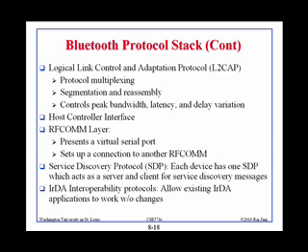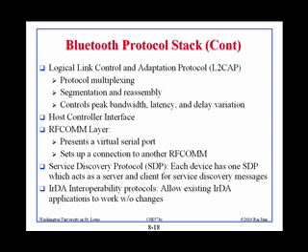So then we have L2CAP, which is the logical link control and adaptation protocol. This does protocol multiplexing, segmentation and reassembly, so let's discuss these two before we go to the third.